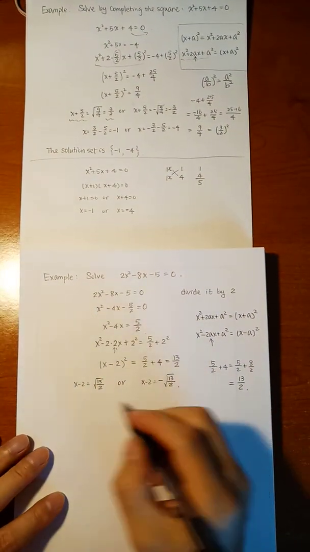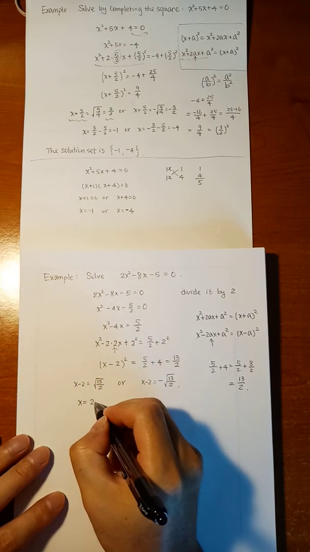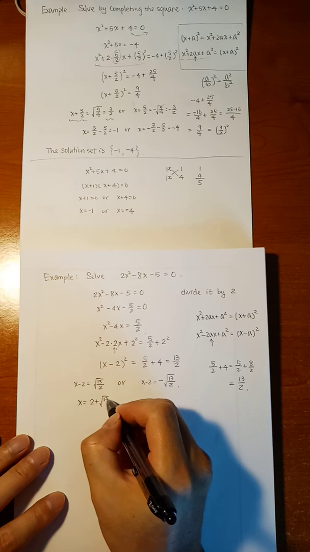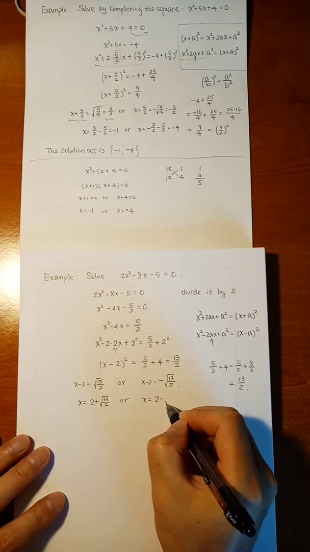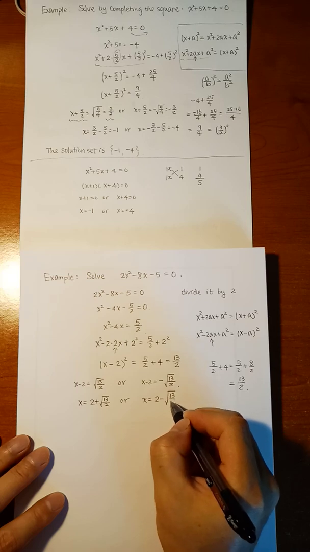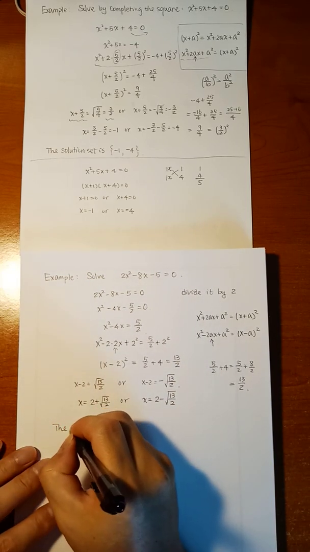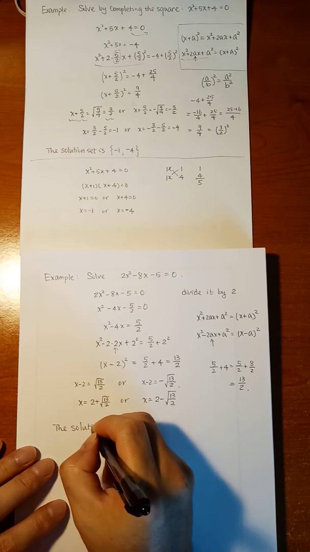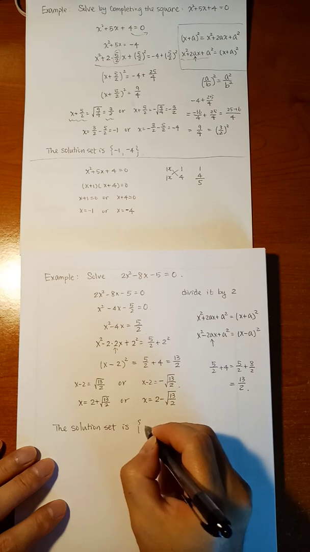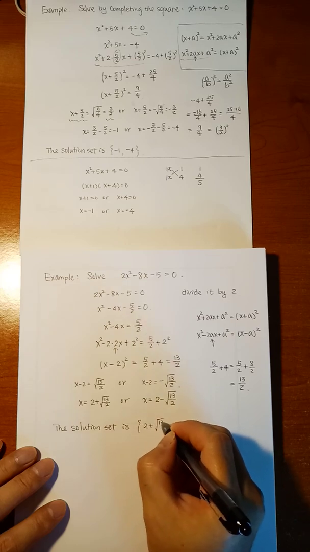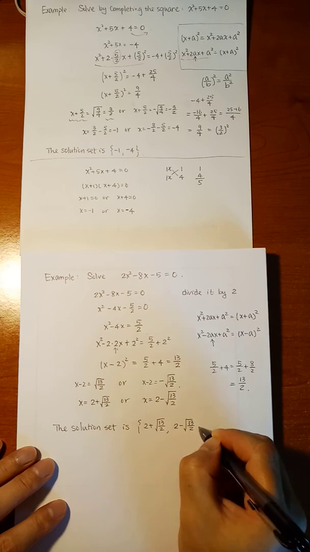And then you continue to solve it. You move 2 to the other side, and you get x equal to 2 plus the square root of 13 over 2, or x equal to 2 minus the square root of 13 over 2. Okay, so the solution set is 2 plus square root of 13 over 2 and 2 minus square root of 13 over 2.